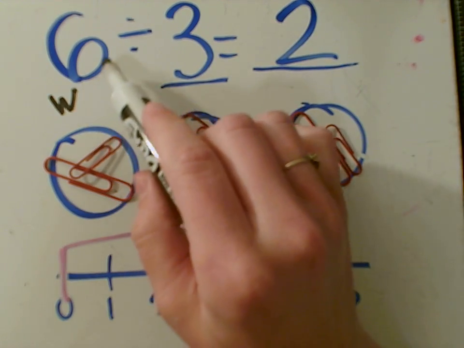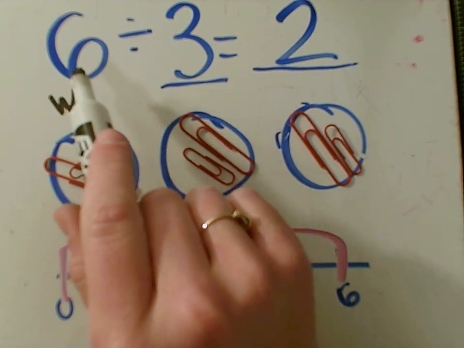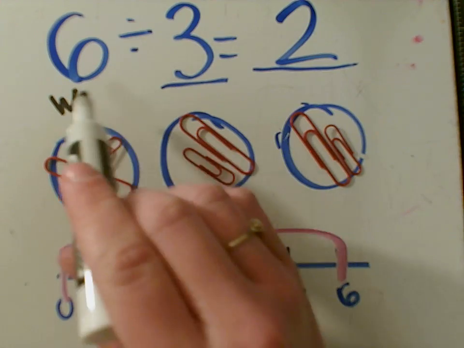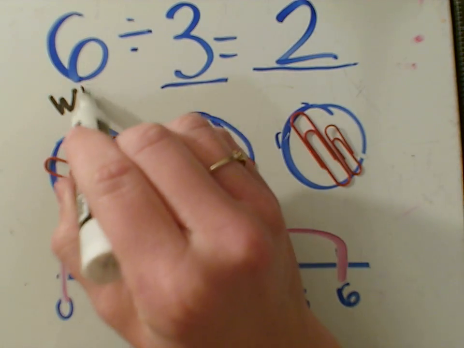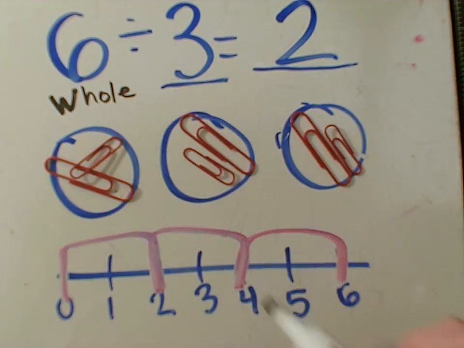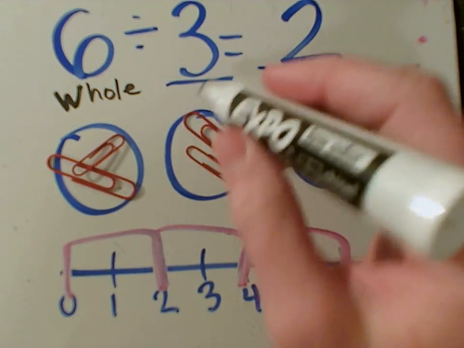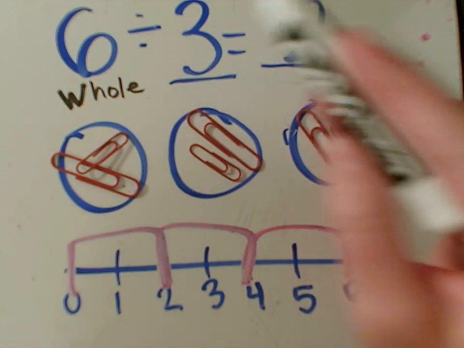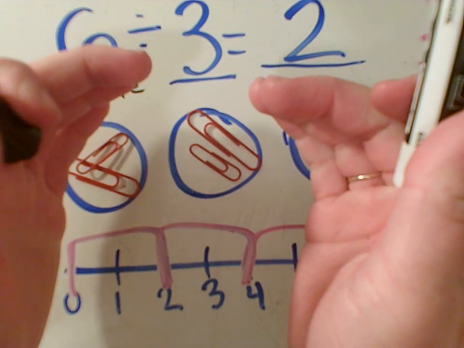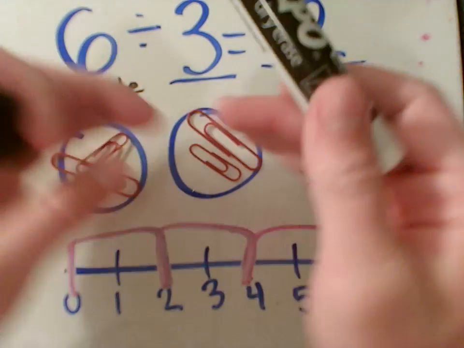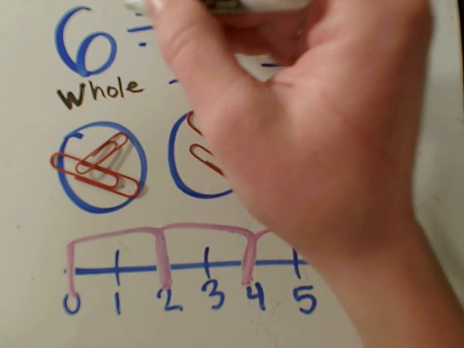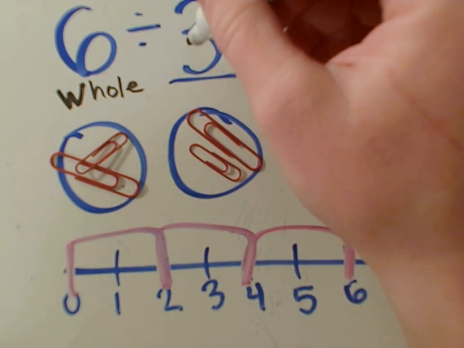We need to divide starting with the biggest number involved. So 6 is our whole number, our big number. So that was our big group of paper clips. And we divided that by 3.